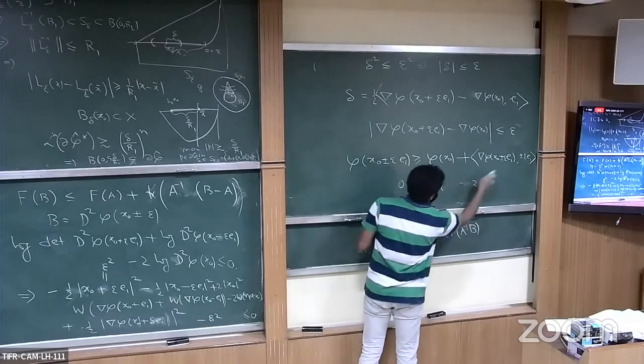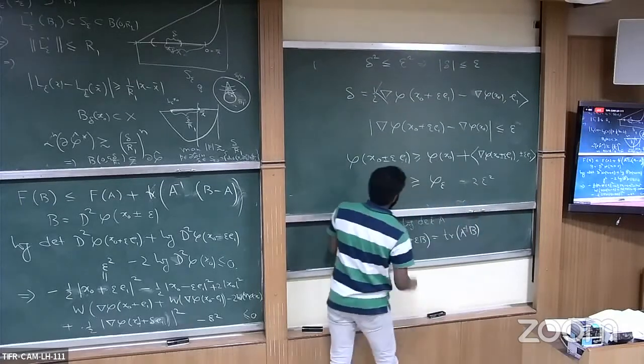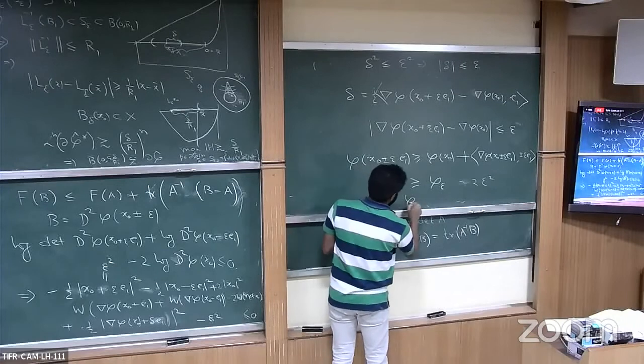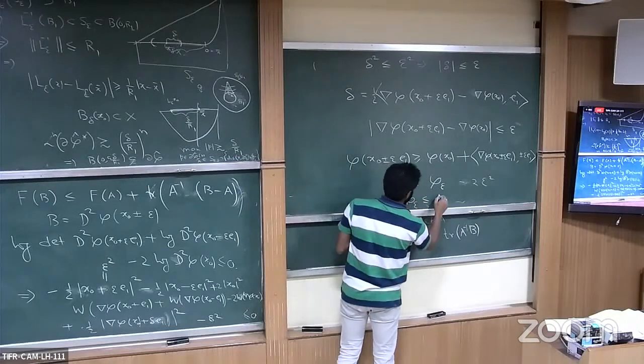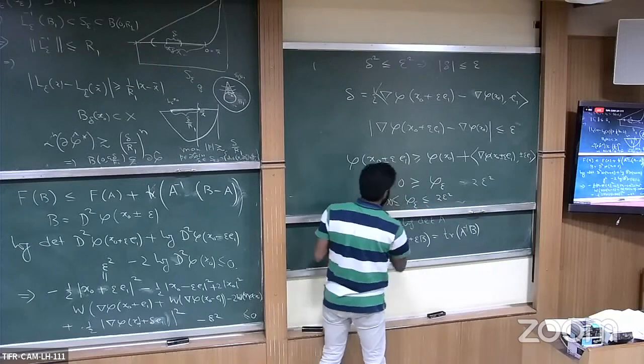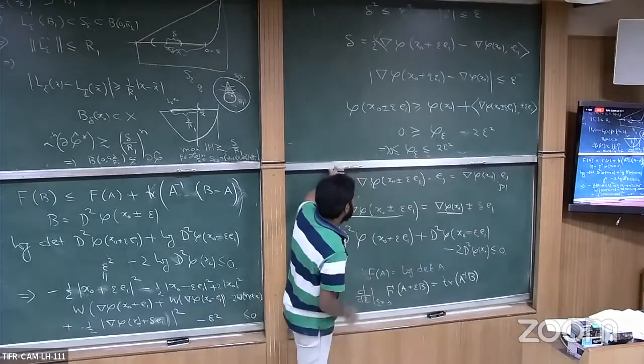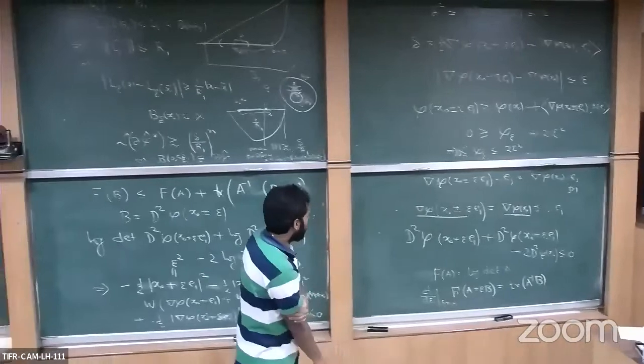You have minus here. So this implies p epsilon is less than or equal to 2 epsilon squared, which is bigger than or equal to 0. And this is the estimate you are using.